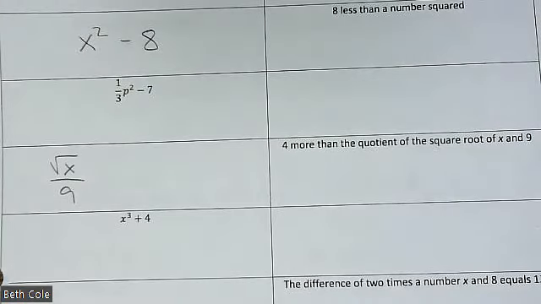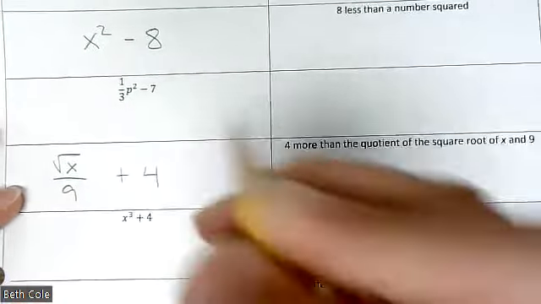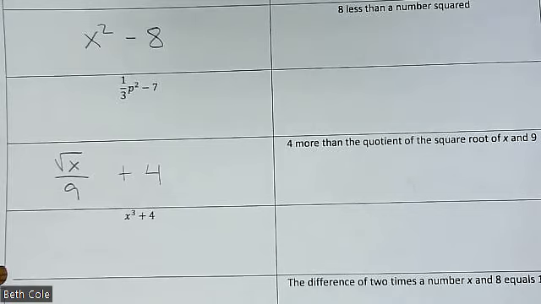A quotient, you could write division instead, but I like the fraction bar. I think it's a little easier. So quotient of square root of x and 9. And then we want 4 more than that. So plus 4. That one was kind of complicated. There's a lot there.